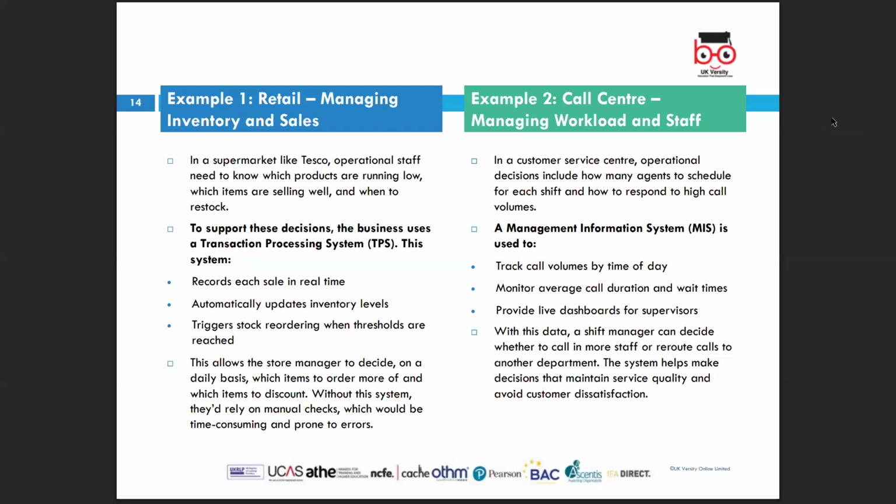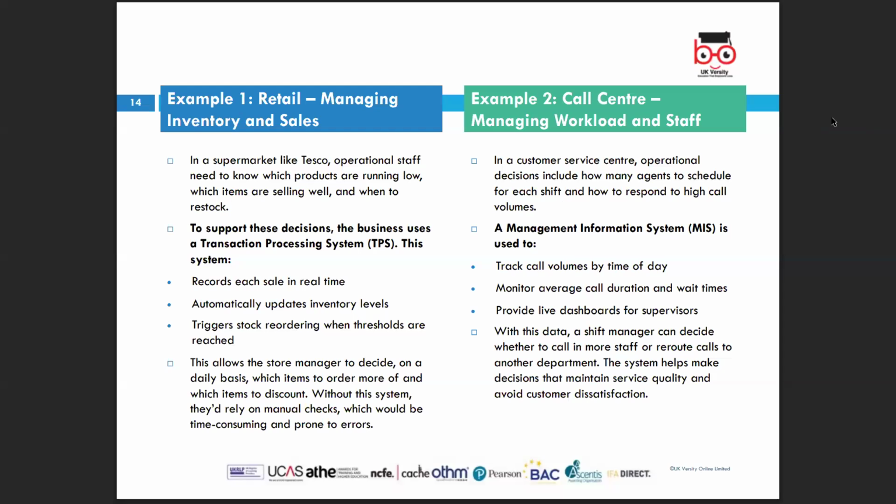So in retail, we're now looking at managing inventory and sales. For example, a supermarket like Tesco certainly has operational staff who need to know which products are running low, and this allows them to update the inventory.